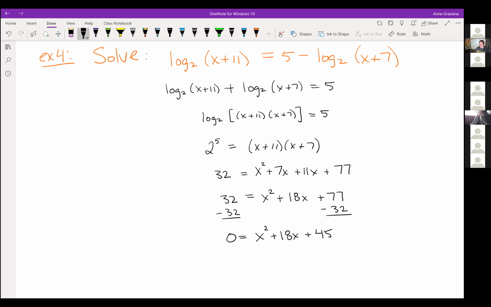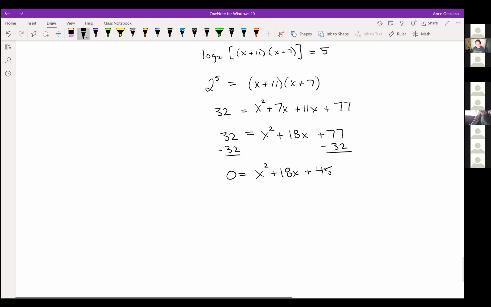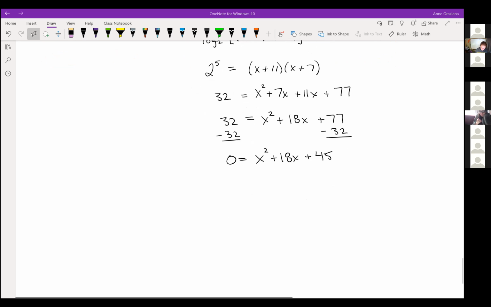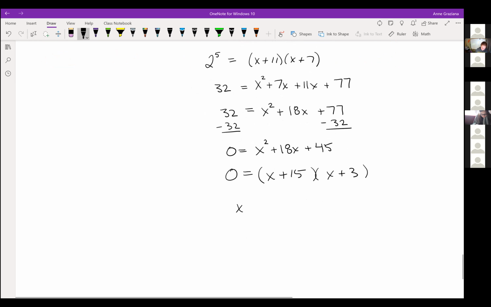Okay, did you guys get this quadratic? X squared plus 18x plus 45 equals 0? Hopefully. Yes? Okay. Anybody get it factored yet? X plus 15 and X plus 3. Yeah, very good, Christian. Okay, so then that means X plus 15 equals 0 and X plus 3 equals 0.